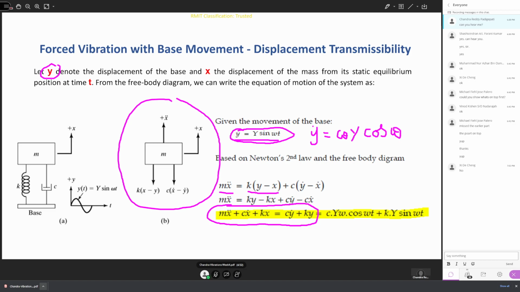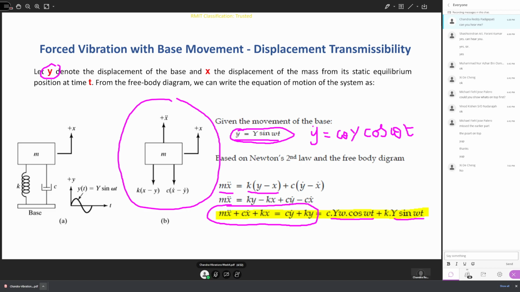So y dot becomes omega y into cos omega t. Okay, so you can replace y dot with omega y cos omega t, and y is replaced with y into sine omega t.